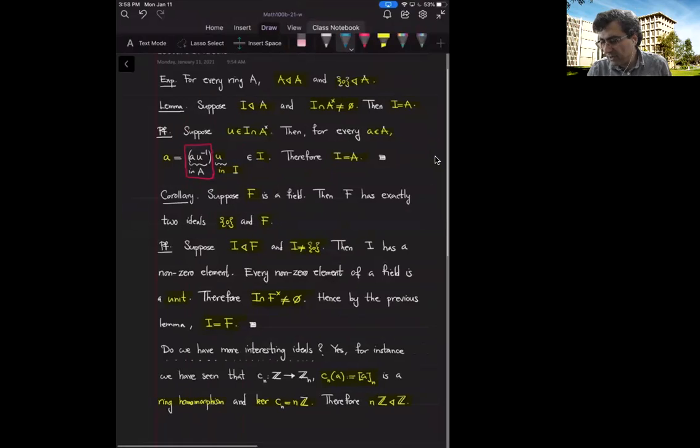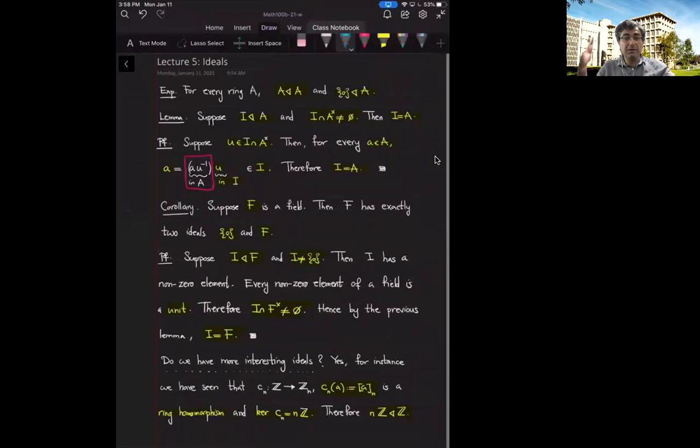For instance, for every ring that I give you, the entire ring is definitely an ideal. It's closed under taking difference. And when I multiply by every element, I am still inside the same ring. The set that consists of only zero, the zero ideal, as we call it, is an ideal because when I subtract 0 from 0, I get 0. And when I multiply it by every element, I get 0. So it's an ideal.